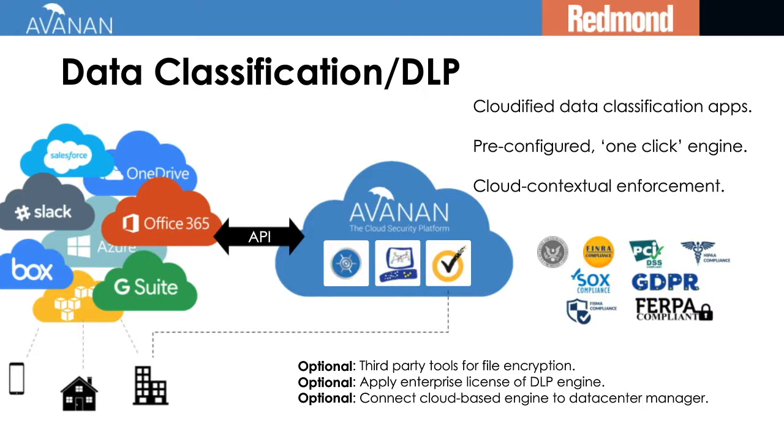In fact, what's nice is that if you deploy, for example, Symantec, or a cloud version of Symantec, it's exactly the same Symantec you're running in your data center, to the point where we can actually connect that to your existing manager so that you can seamlessly manage DLP policies in the cloud from the manager you're using in your data center. Now, if you haven't deployed DLP or data classification within your network, and you can pick and choose at will, one thing that's nice about our platform is that you can actually compare them side by side.